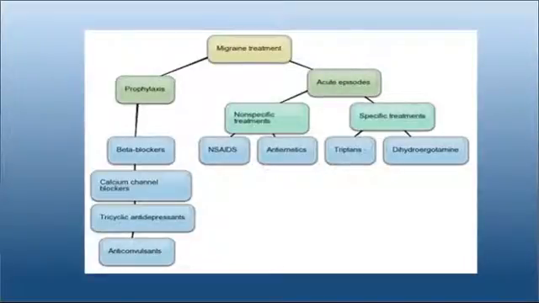Table 26.6 on the top of page 367, sumatriptan. The most common ones I've seen, zolmitriptan. If you see, they all end in triptan. And what's easy and nice to know is these are the triptans.